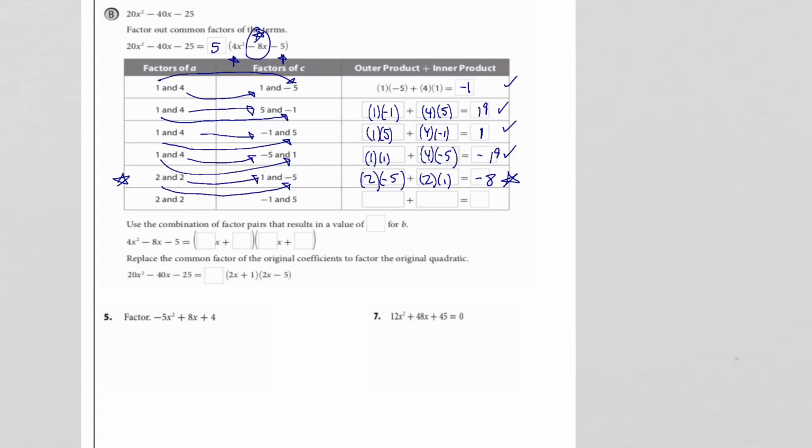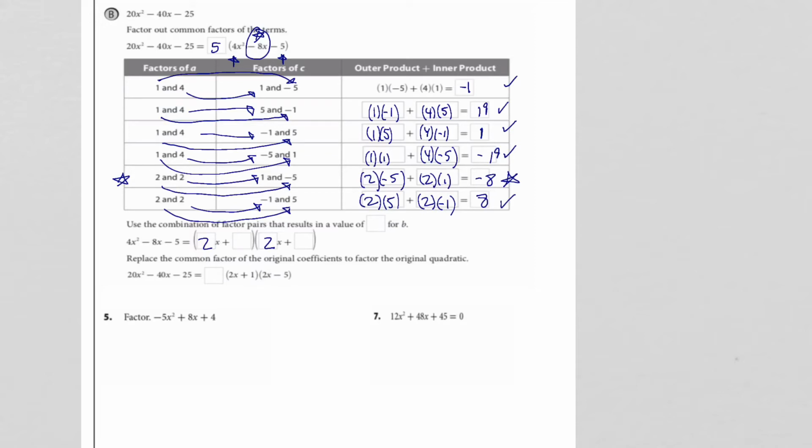Then we can figure out our factors. And we should know that this other combination, 2 and positive 5, 2 and negative 1, is not going to work. 10 minus 2 is positive 8. Not going to work. So we know the first part, 2x and 2x.